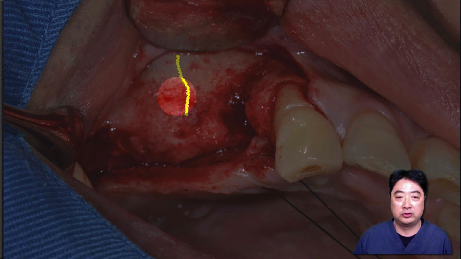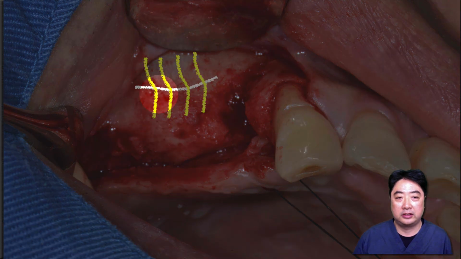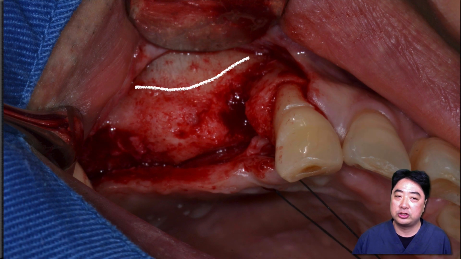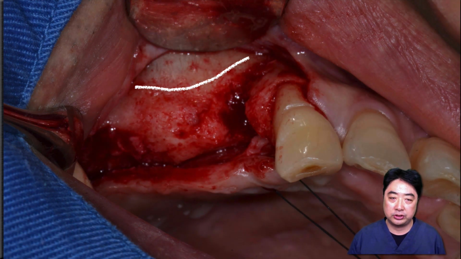From top to down, you can see the turning points here. When you continue to draw the line, you can connect these turning points like this, and this should be the inferior cortical line of the maxillary sinus. Oftentimes, if the bone is thin, like here, you can see a bluish or black shadow underneath the bone. That's how you know where the maxillary sinus is.